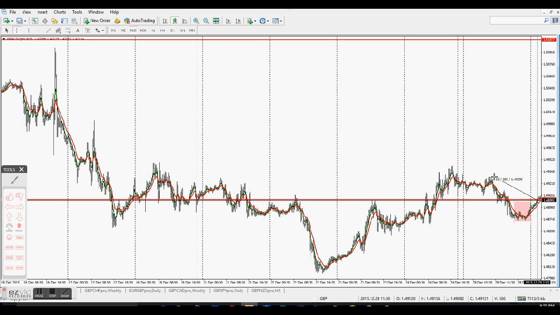So I think we should try and look for an entry above this, because they're going to want to take out the stops above this, and that's saying around 49.30. So realistically, I think our entries could be around 49.30, and then see what happens with trading. But I would look to go short around 49.30, and then we could also go as high as 49.50.